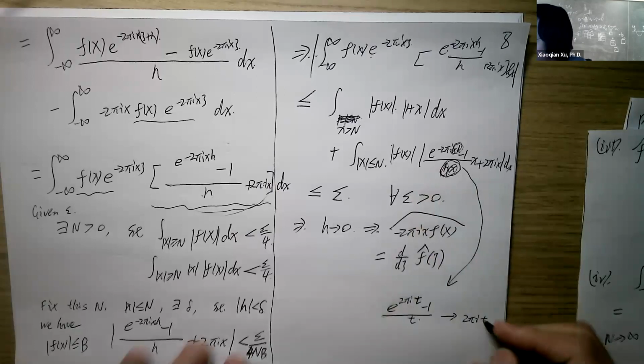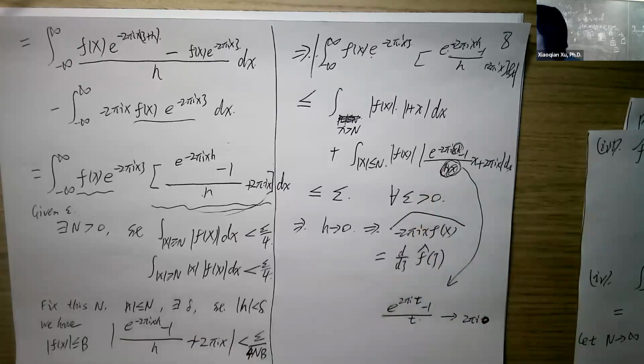No, I think this is 2πi, not t. I'm sorry. By definition of derivative. Any question?